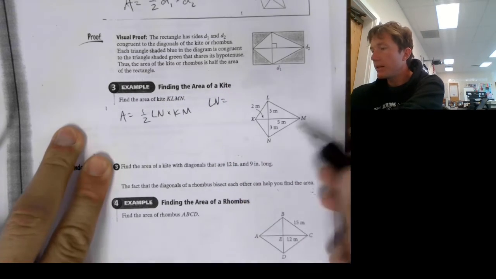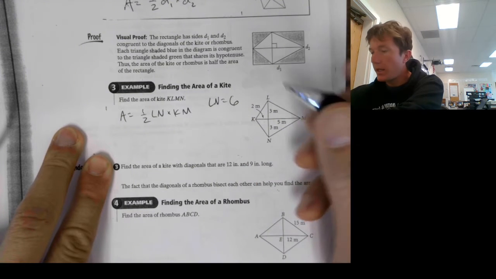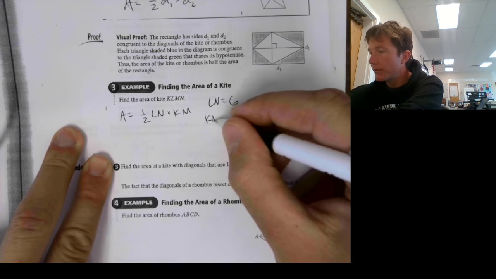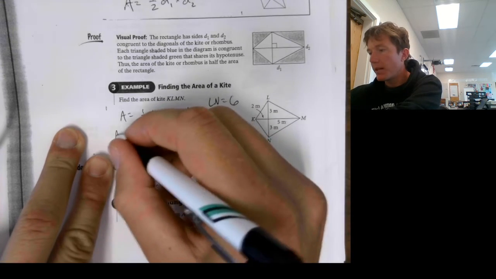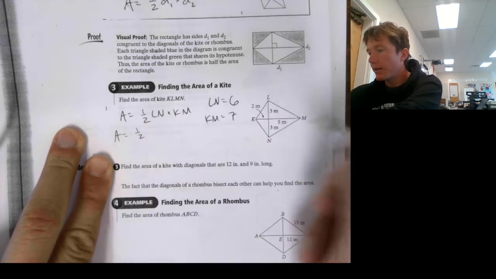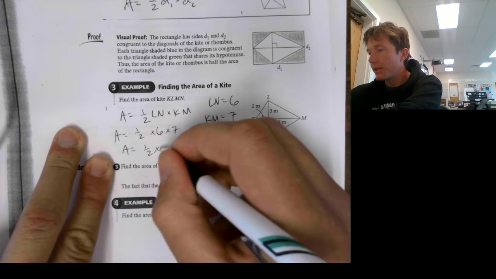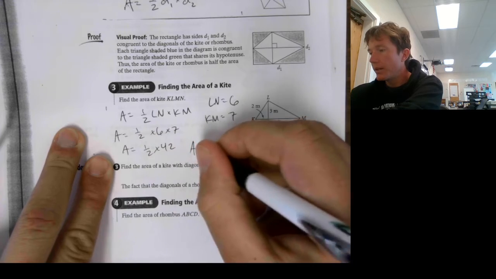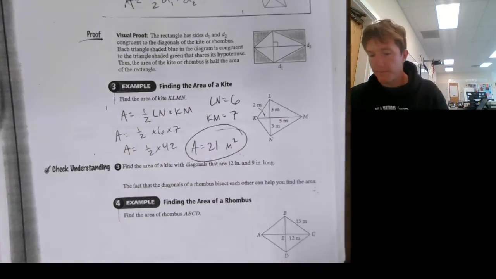LN is equal to 3 plus 3, so that's 6. KM is 2 plus 5, so that's 7. So my area is going to equal 1/2 times 6 times 7. So that's 1/2 times 42. Area is equal to 21 meters squared.